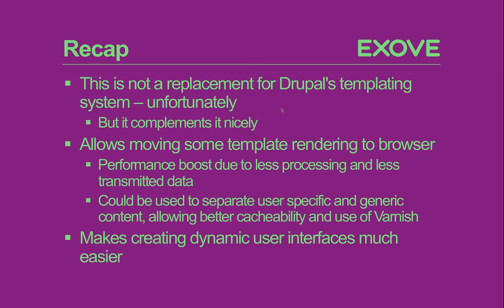So there is a performance boost on the server side: you process way less and you generate way less stuff on the fly compared to the traditional way. And you could use this to separate user-specific content. All the user-specific stuff is loaded with JSON and rendered on top of the page with Twig.js, and all the non-user stuff would come from Drupal, so you'd cache that page.